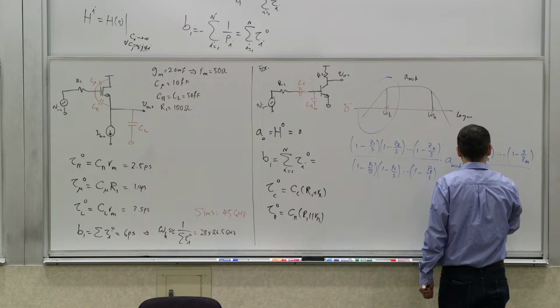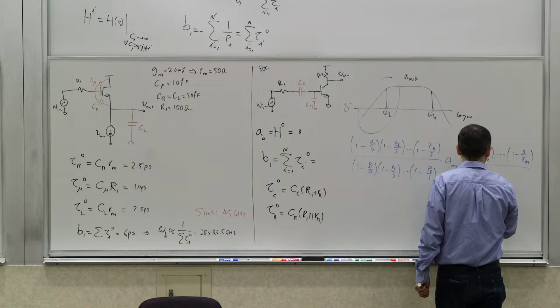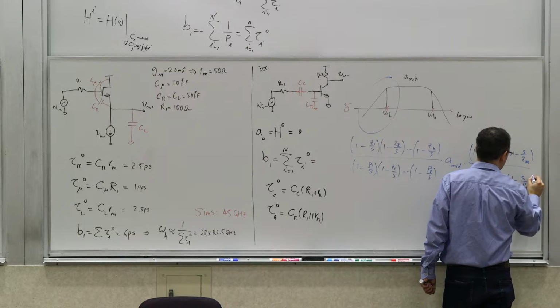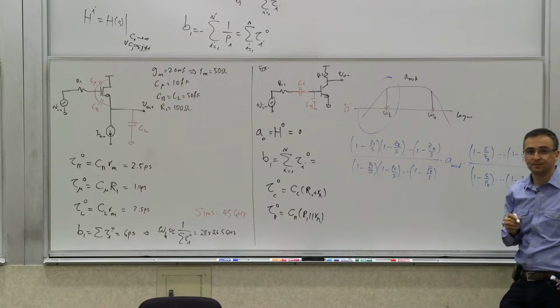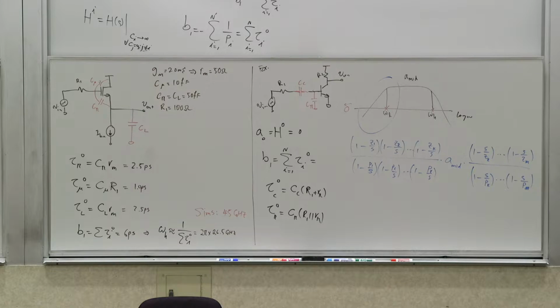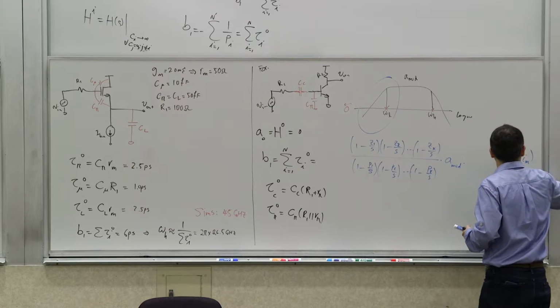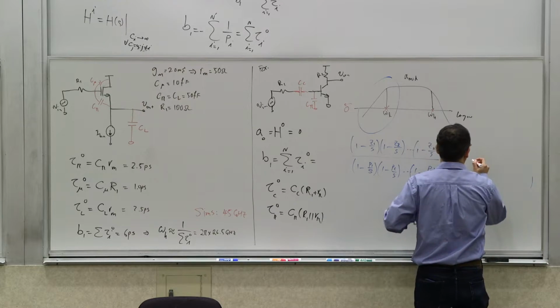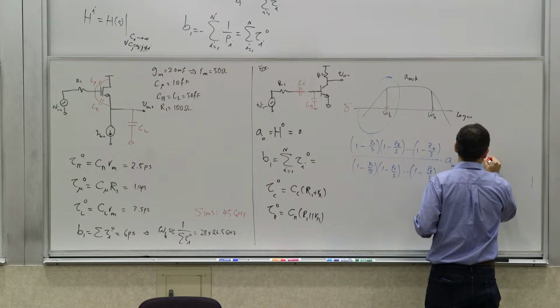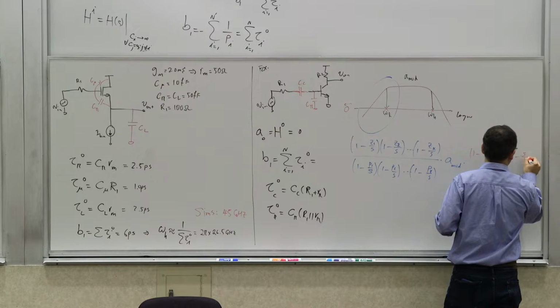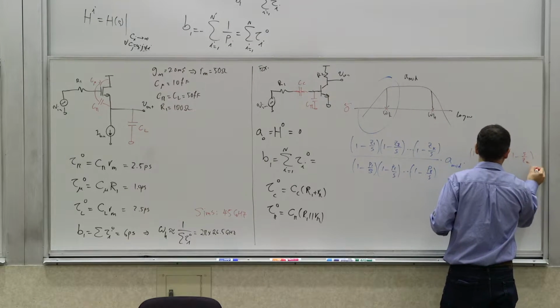And then here is 1 minus S over Pk all the way to 1 minus S over Pn. Right? Well, I should have used my color code properly. Okay, let's do it properly.